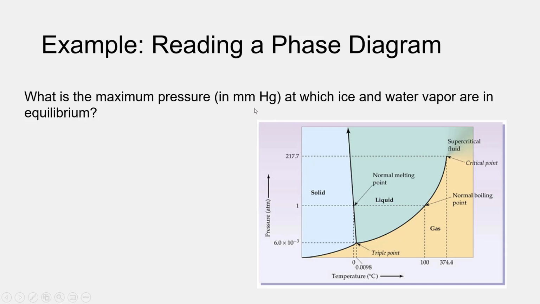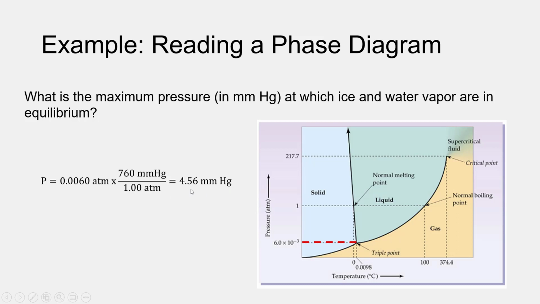All we have to do to solve the problem is convert to millimeters of mercury. Our pressure in millimeters of mercury is going to be 0.0060 atmospheres. We convert that to millimeters of mercury, 760 millimeters of mercury per atmosphere.